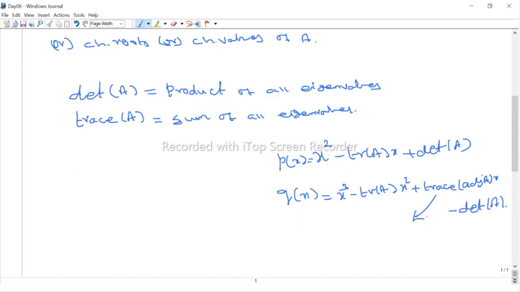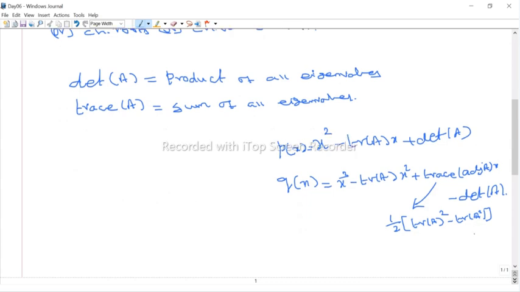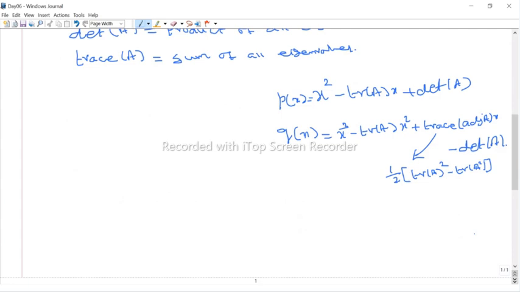Or instead of finding the trace of adjoint of A, we can take 1 by 2 times trace of A whole square minus trace of A square; only the coefficient of x changes. Both are the same, but for the adjoint you have to find the adjoint of A. Instead, first take the trace and square it, then find A square and take its trace, subtract it, and divide by 2. So this is the characteristic polynomial of any 3 by 3 matrix.